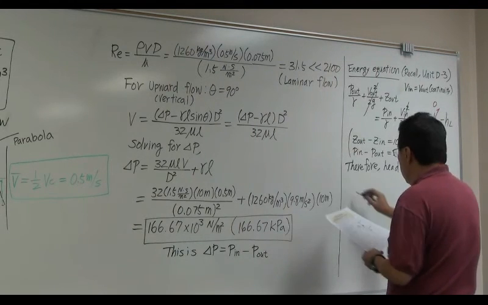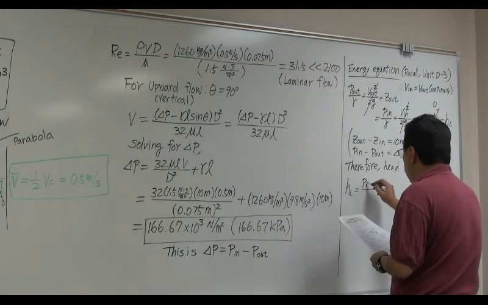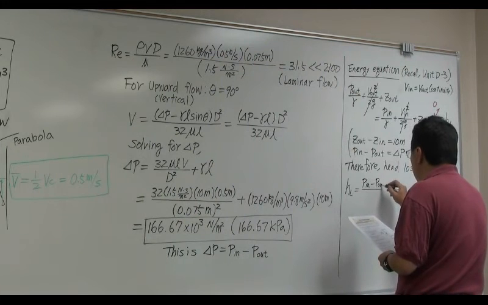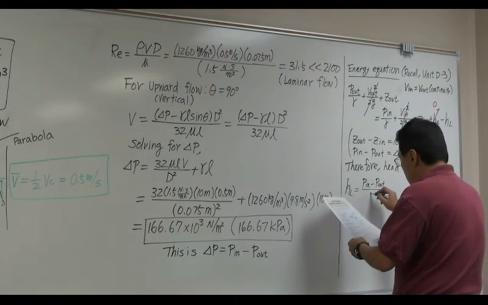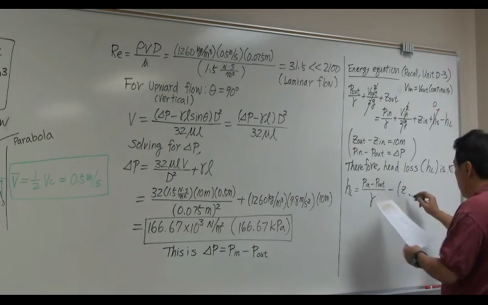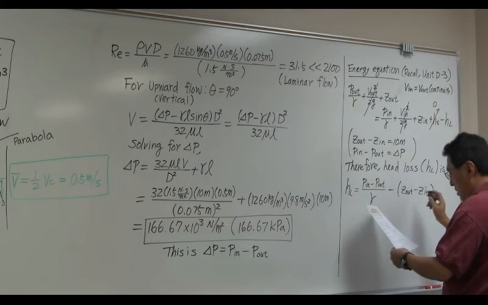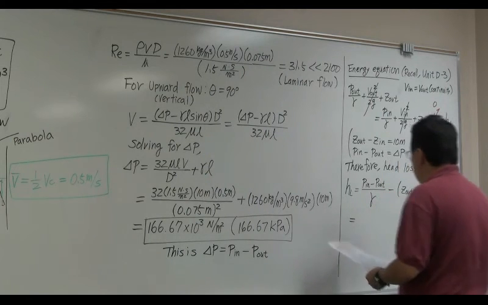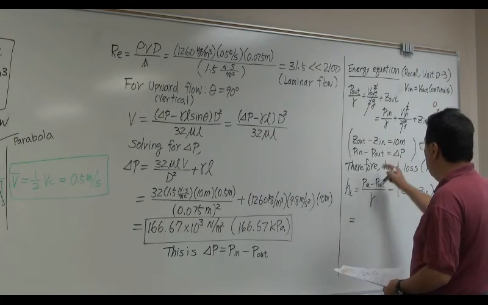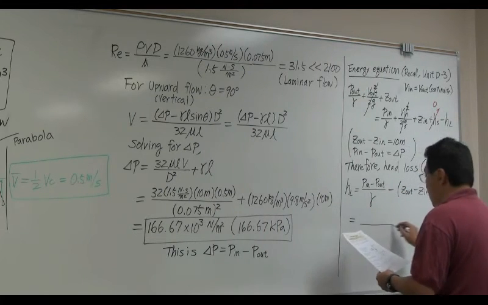So head loss becomes P in minus P out over gamma minus Z out minus Z in. We do know this is delta P, which is this one, so let's just plug in.